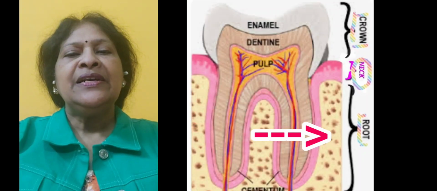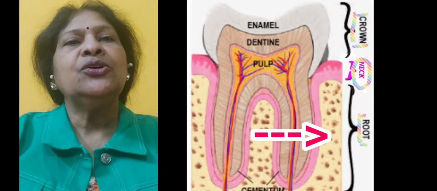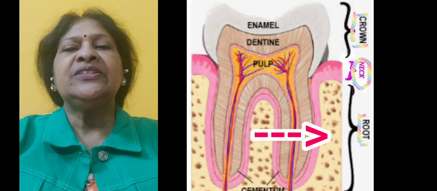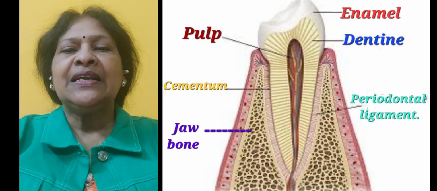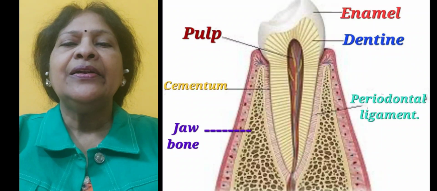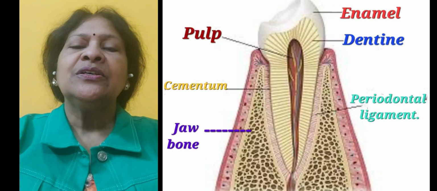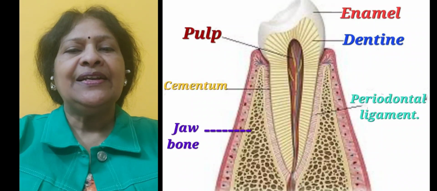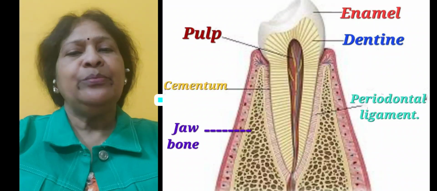Lower to the neck, we have an embedded part of the teeth called the root. This root of the teeth is deeply embedded into the jawbone, and to keep that embedded socketing very tight and firm, there are structures beyond the jawbone: the periodontal membrane or the periodontal ligament, and also a lining of cementum or cement.